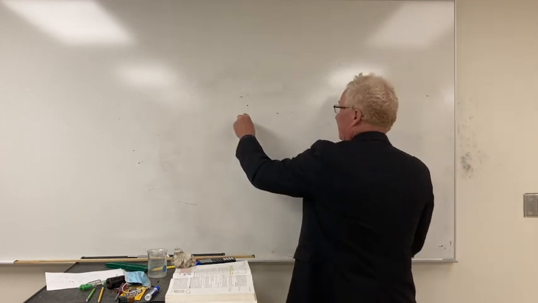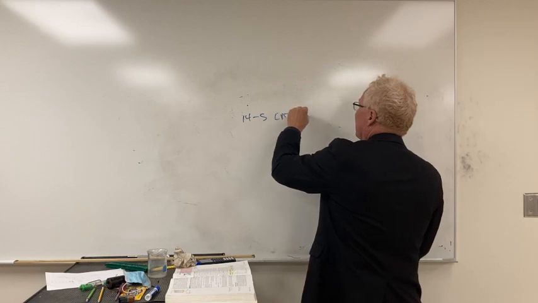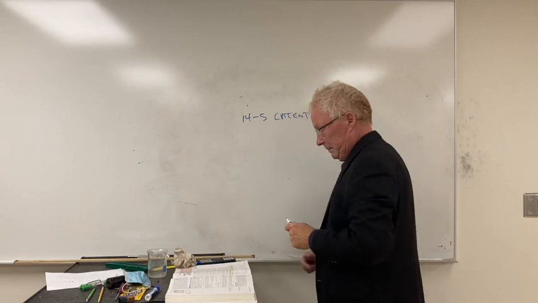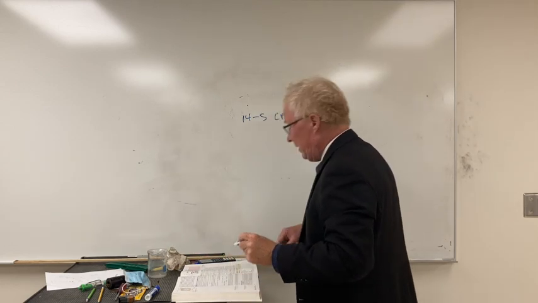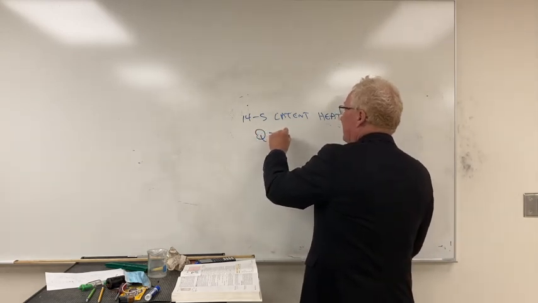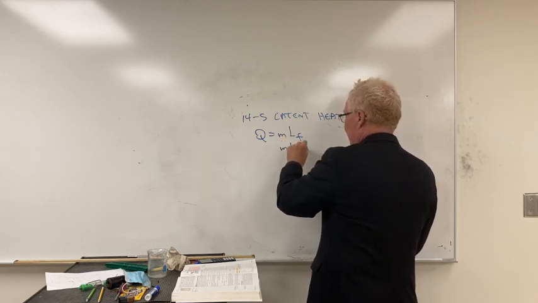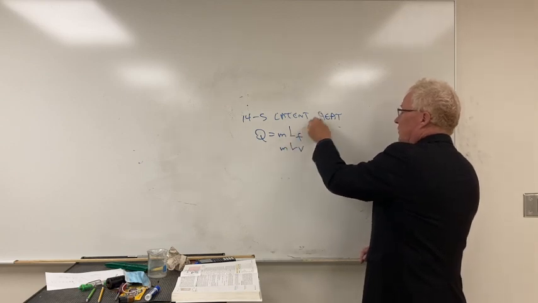All right, 14.5 is latent heat. For latent heat, Q is mLf or mLv, where Lf is fusion, so ice to water.